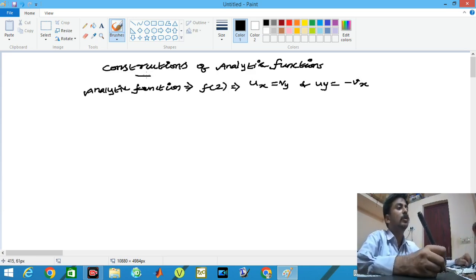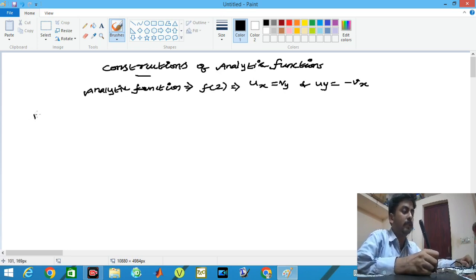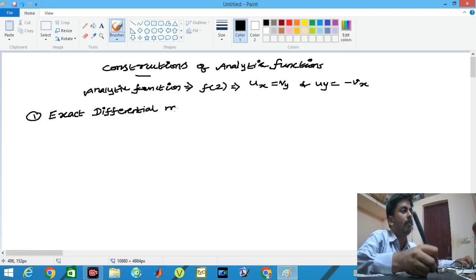For the construction of analytic functions, we have three methods. The first method is called the exact differential method. The second method is the substitution method.